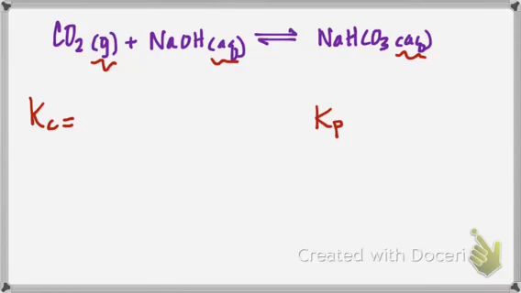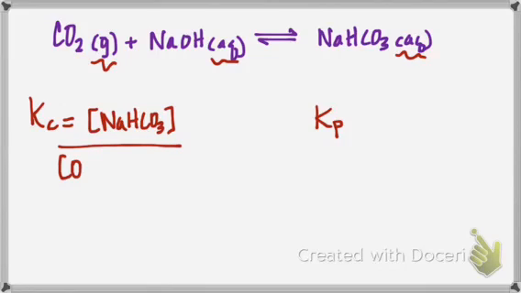So we're going to again start with our products. For our concentration, it's going to be NaHCO3 over our CO2 times our NaOH. And that's all we have to do for our Kc.